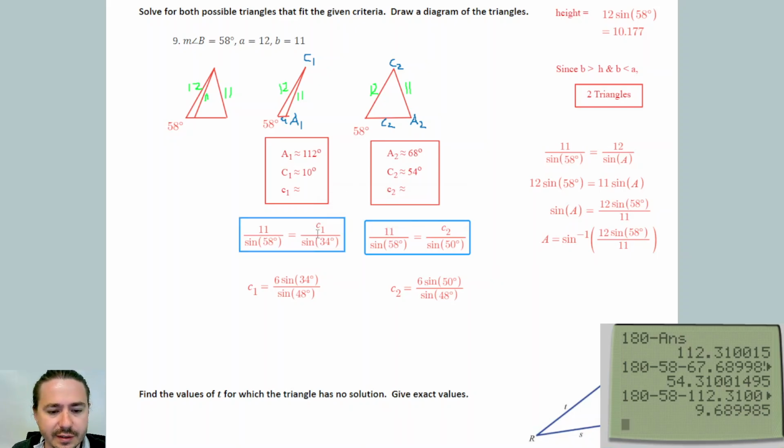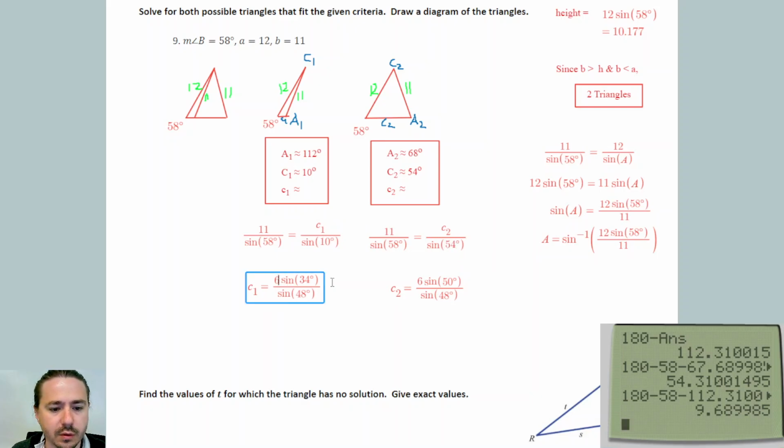And then this side C should correspond to angle C, which in this case is 10 degrees, and in this case is 54. So C will equal 11 times the sine of 10 divided by the sine of 58, or it'll equal 11 times the sine of 54 divided by the sine of 58. We'll type both of those in the calculator, and we'll be done with this one.